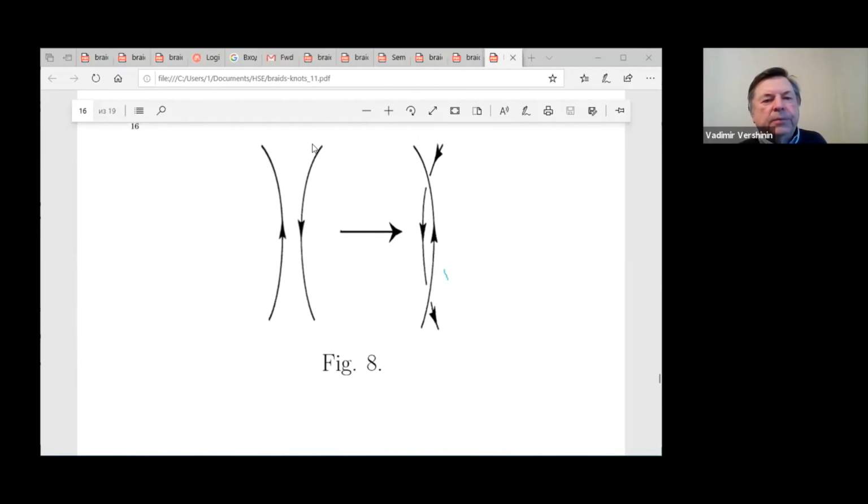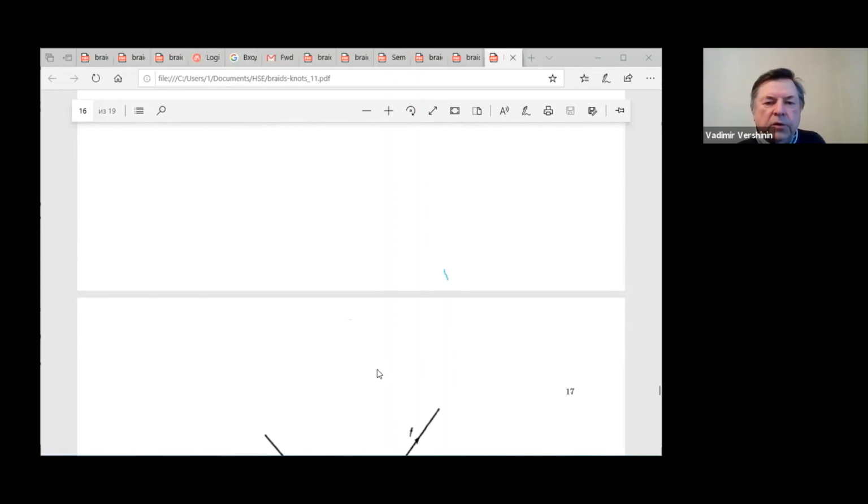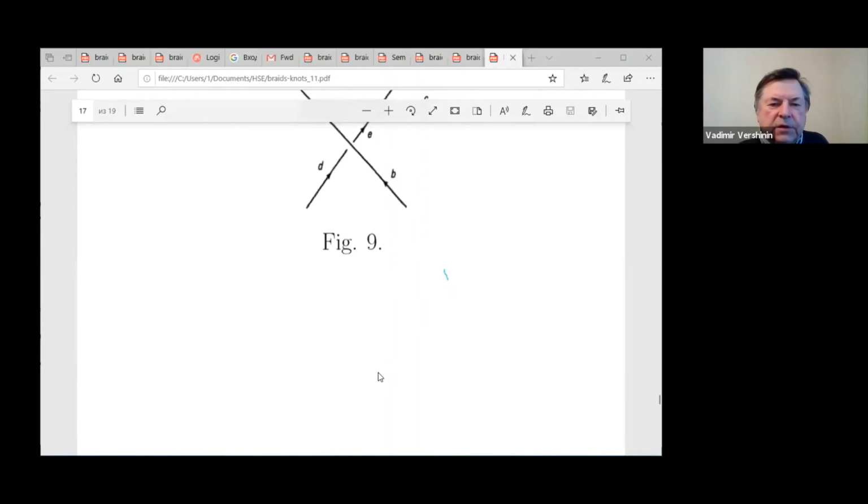So it may happen that these guys that have Reidemeister 2 are like this, and the type of crossing changes a little bit. Please write down the relations for the third Reidemeister move as well.